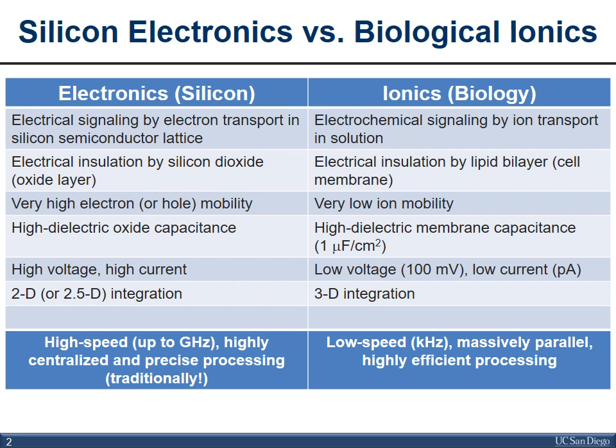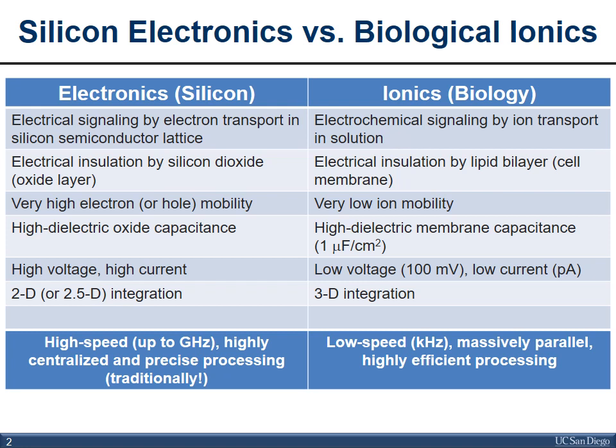But rather than having a centralized CPU core, we have massively parallel processing. Memory is embedded right next to the computational elements. It's very highly efficient, as we'll discuss a little bit later. So it's very different than how electronics compute, but very powerful in certain types of computing problems.